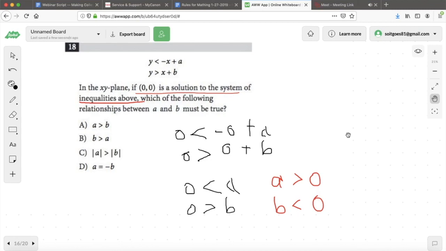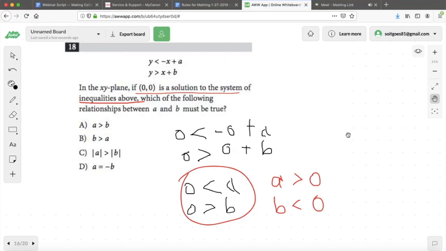It means the same thing. But we know if A is greater than 0, that means A has to be positive. And if B is less than 0, that means B's got to be negative. And that's not quite as obvious with that statement right there. Same thing, I'm just rearranging it so it's more clear. Any questions about that?